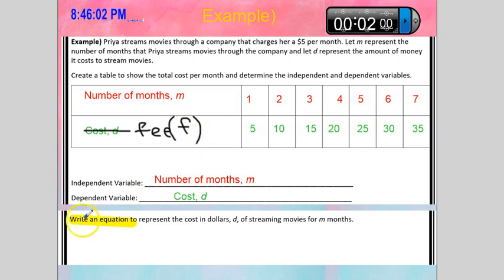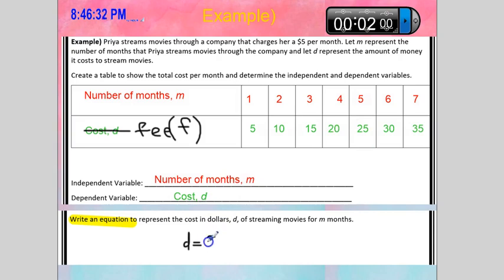And then we're asked to write an equation to represent the cost in dollars of streaming movies for M months. So what we're going to do is we know that the dependent variable is always by itself on one side of the equal sign. So we'll put that the cost D equals, well, the cost or the fee is jumping by 5s.